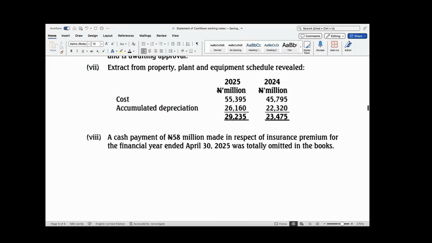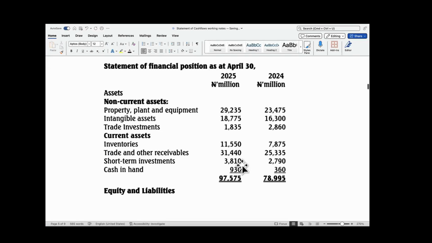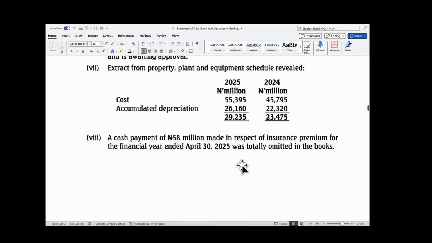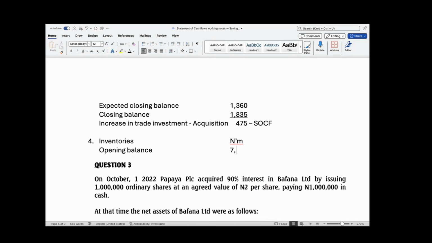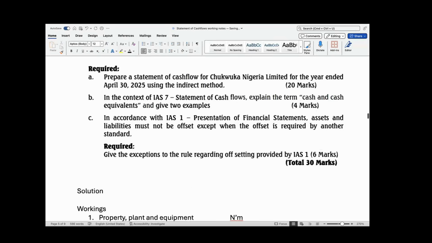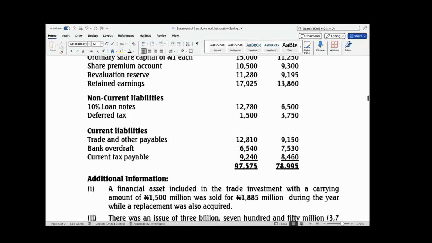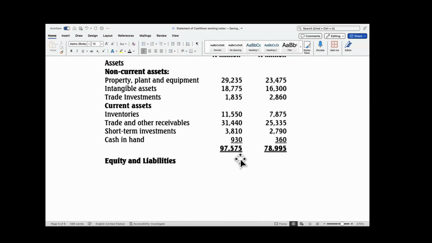What's the opening balance of my inventory? 7875. What's the closing balance of my inventory? 11,550.